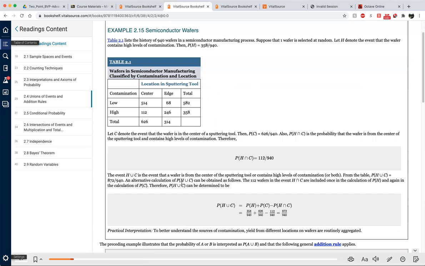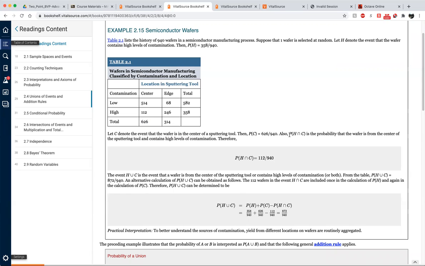Now let C denote the event that the wafer is in the center of the sputtering tool. Then P of C is 626 divided by 940. Why? C denotes the wafer in the center of the sputtering tool, so right here, 626 wafers are in the center of the sputtering tool, right?